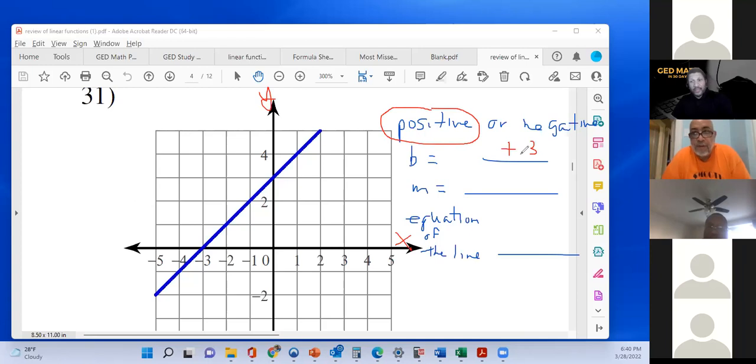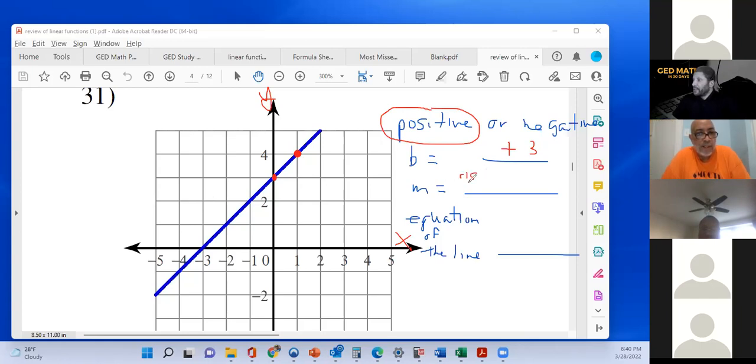So we know the slope is positive. We know the y-intercept is plus 3. Now, what points are we going to use? Remember, you can use any points. To me, if I got a y-intercept, that's one of my points. And then I grab another point. Easy. What's my rise over run? 1 over 1.